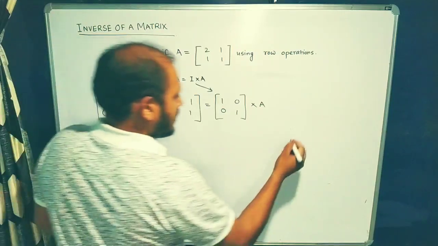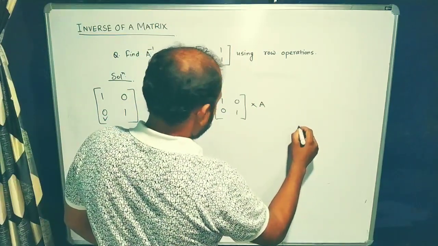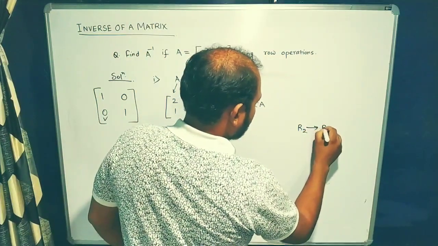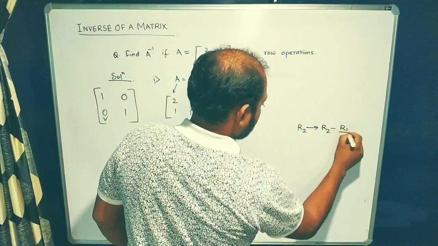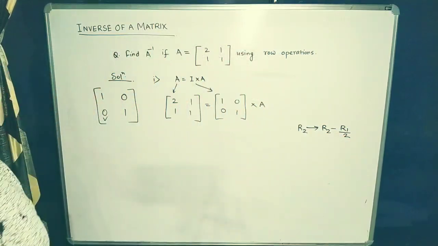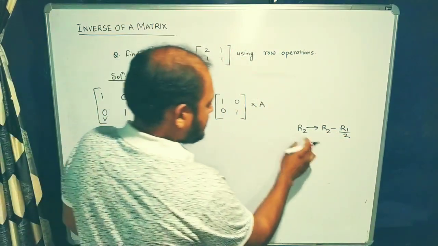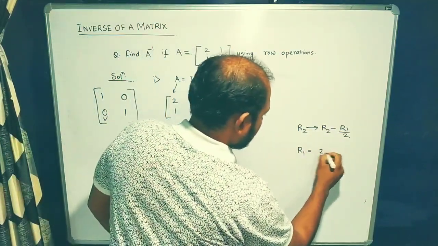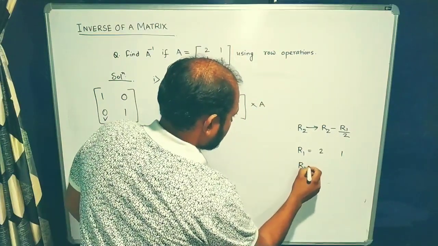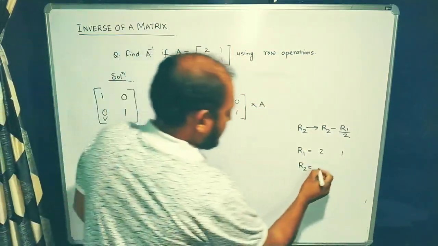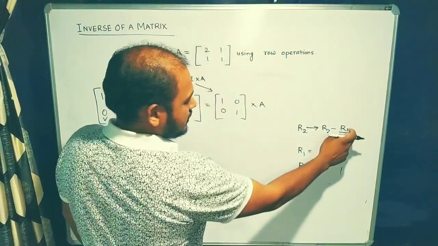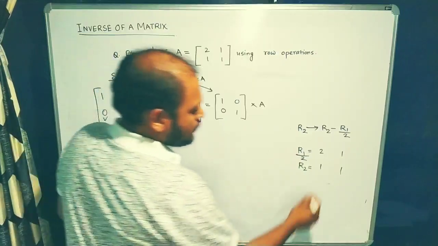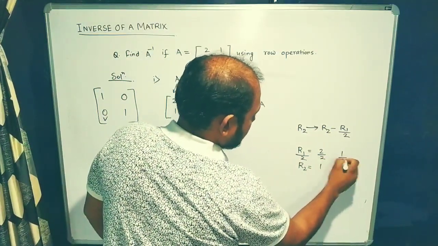Let's check it out. If we do this operation, if we change the second row to second row minus first row divided by 2. Second row minus first row divided by 2. So take a look at the second row here. First row is 2 1 and the second row is 1 1. Now here we have to divide the first row by 2. So dividing the first row by 2, we have 2 by 2 and 1 by 2.